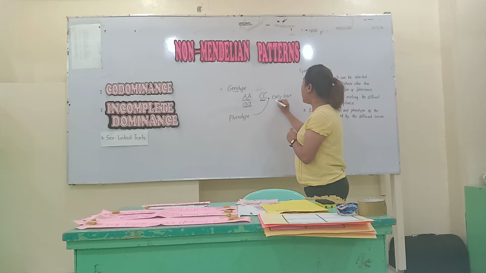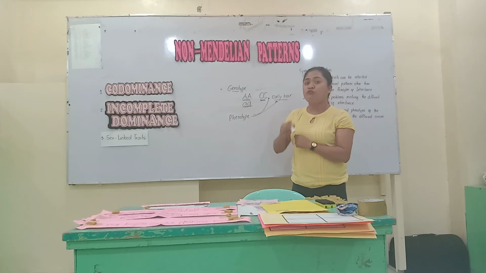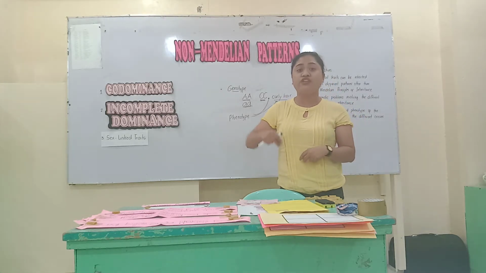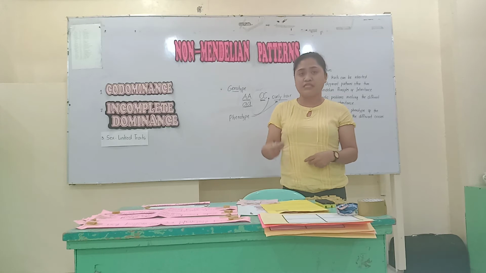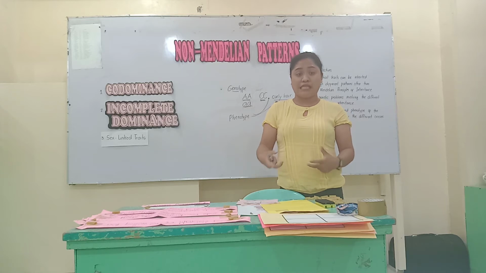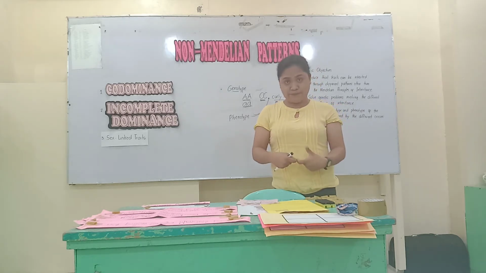So curly hair now is our phenotype. So phenotype is its physical form or structure, its physical attribute or physical characteristic that we can see. Observable characteristics or traits of an organism.